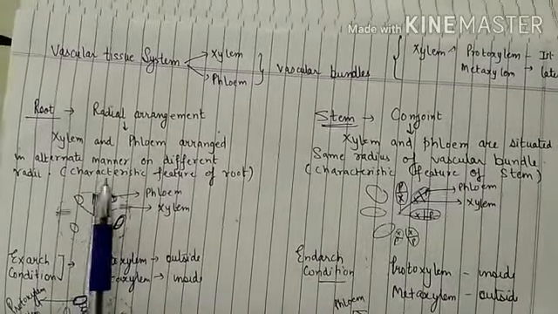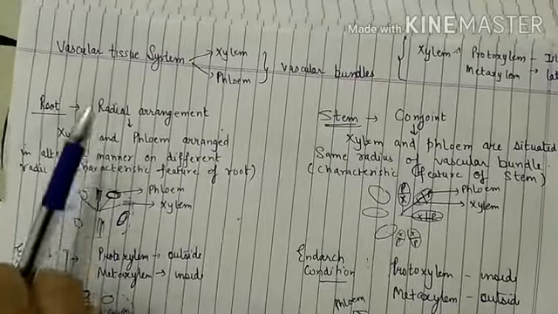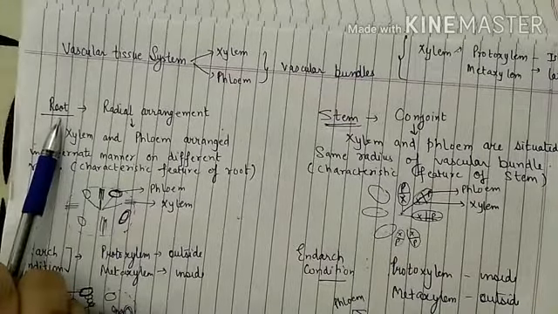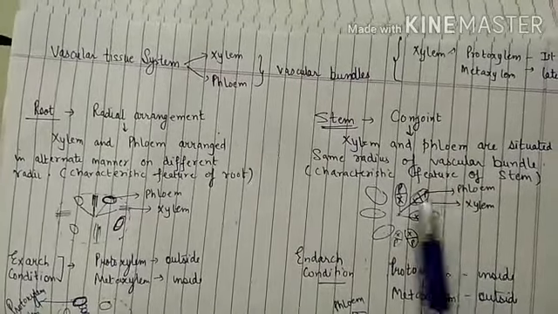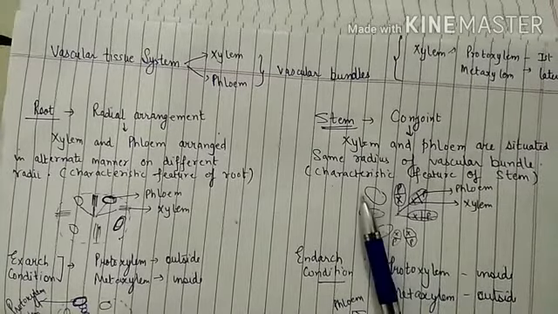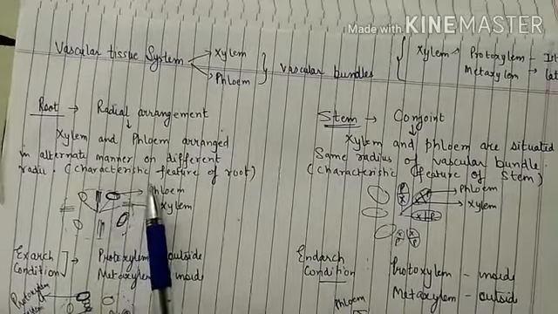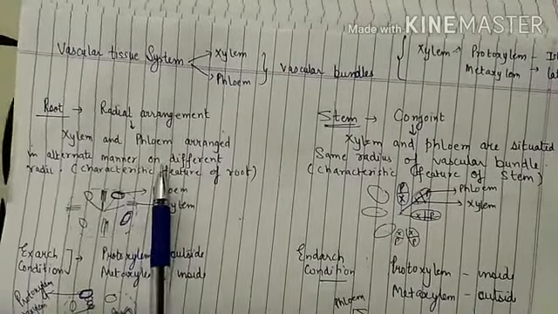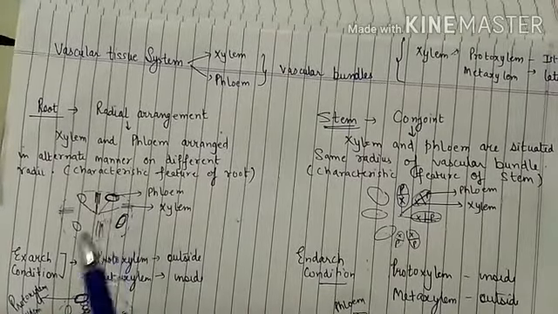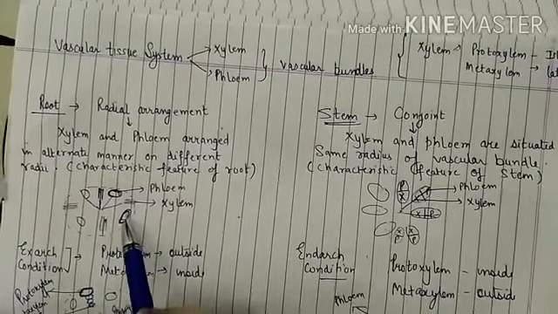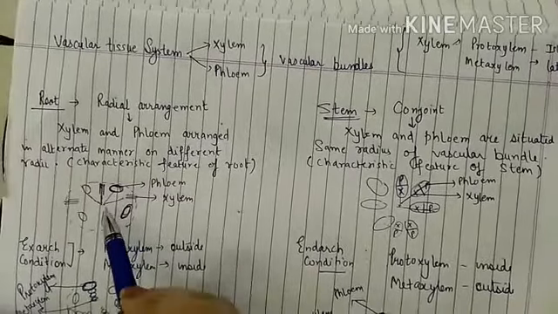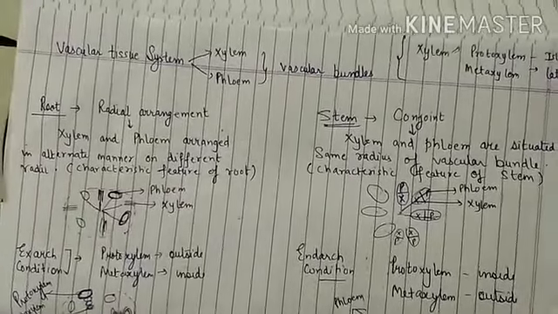Again I repeat, radial arrangement is observed in root, and conjoint vascular bundle is observed in stem. In radial arrangement of vascular bundle, xylem and phloem are arranged on different radii. As you are observing here, this is the phloem, this is the radius, and they are on different radii.